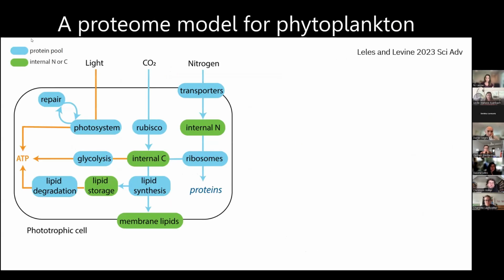In order to tackle this question, we apply our single-cell protein model for phytoplankton. And here you can see the different components that we have in the model. In blue, we have the proteins, and in green, we have other macromolecules like lipids. And the arrows show how these different pools interact.